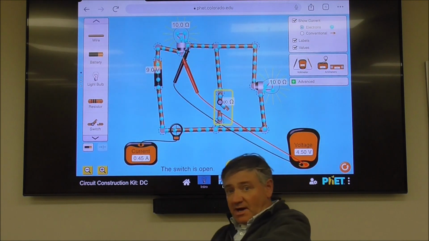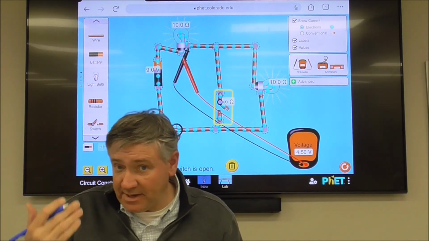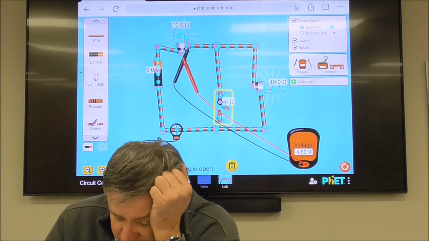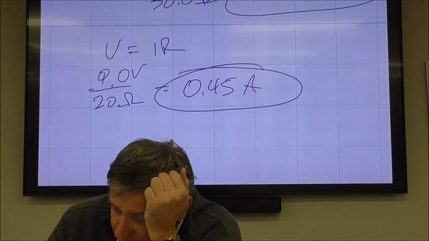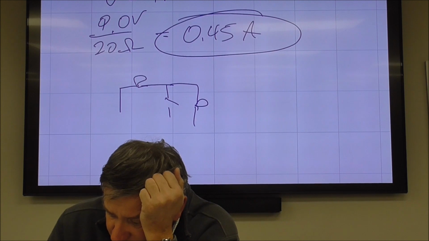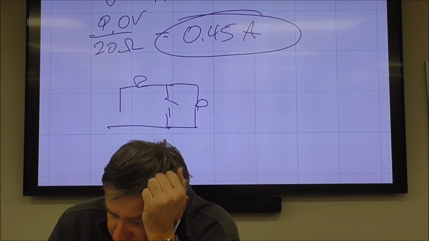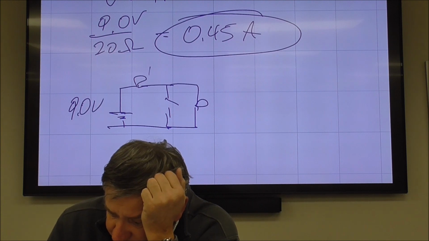So here's 0.45. Now, if you want to calculate the power that's dissipated in each one, let's do that. Here's our setup: light bulb, switch, light bulb, battery, 9-volt, 10 ohm, 10 ohm.